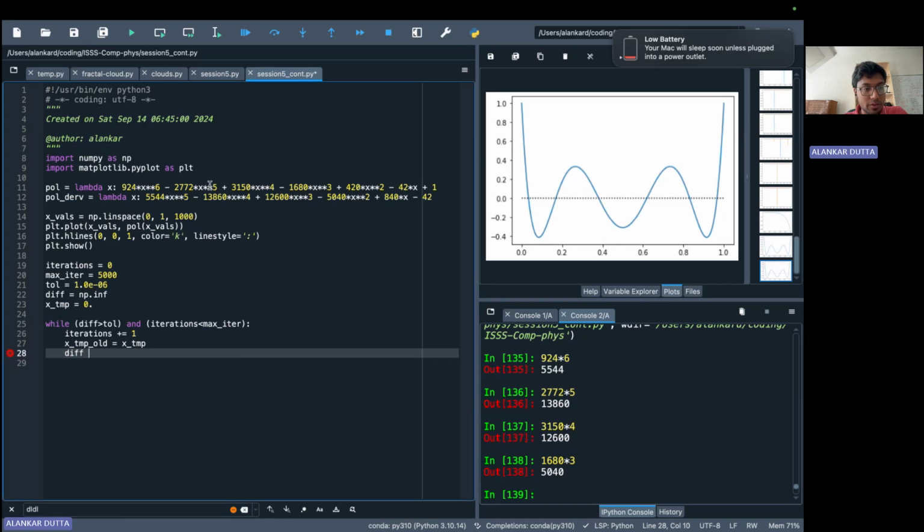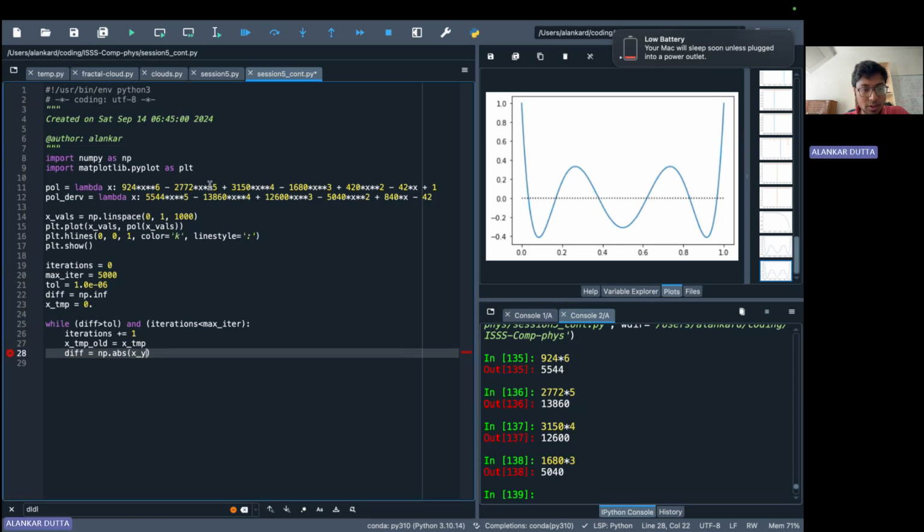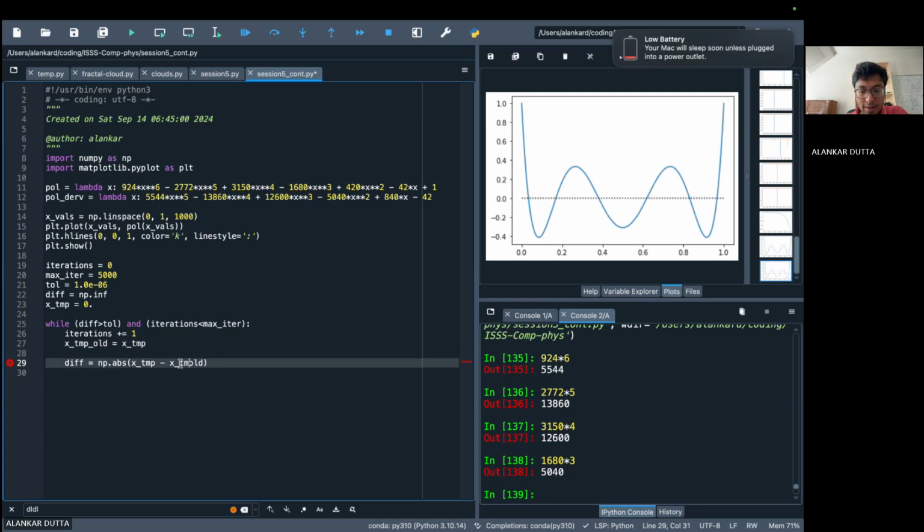Now diff is equal to abs of x_tmp minus x_tmp_old. And let's find out x_tmp.